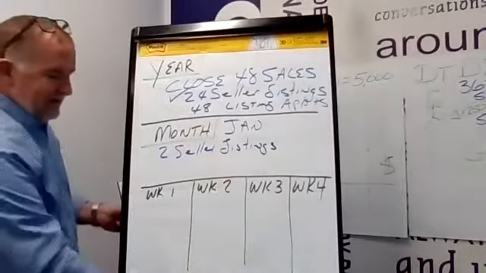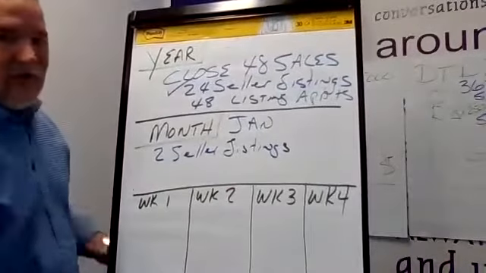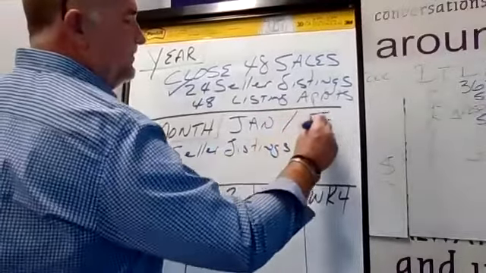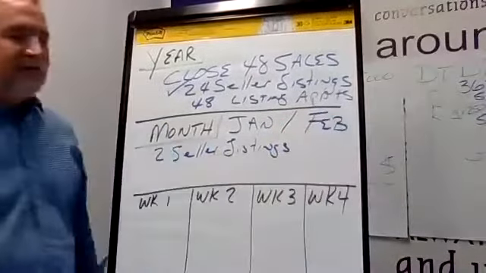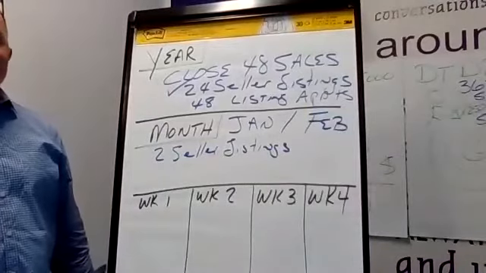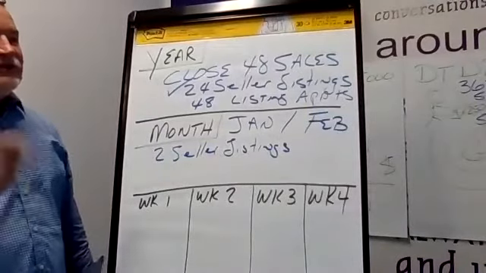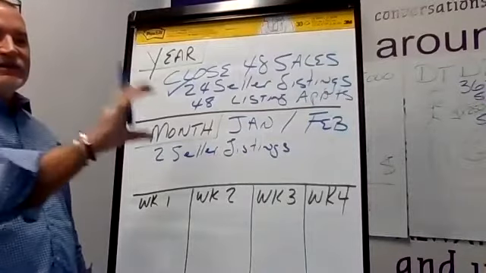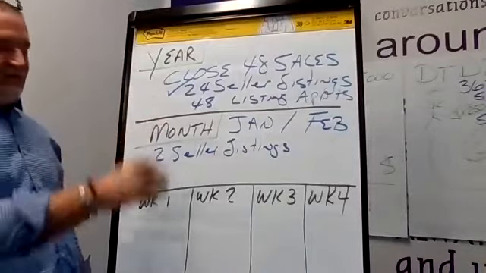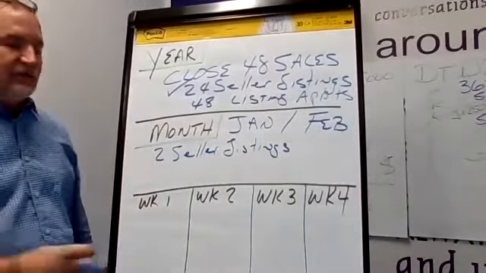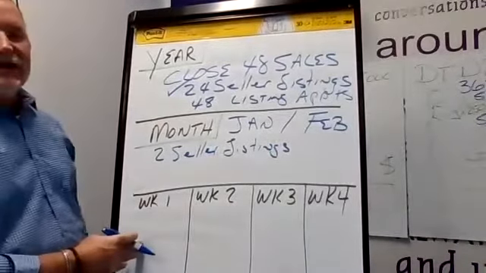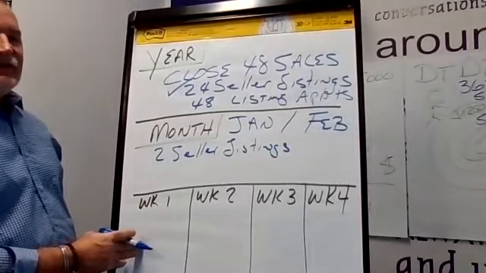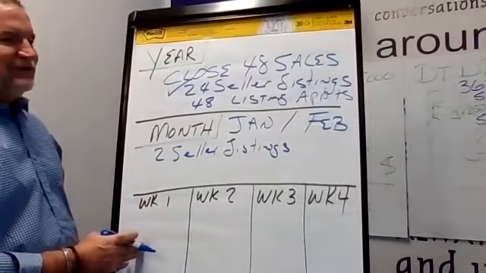Now, if I take 1 seller listing in January, what's the goal for February? 3. You got it. So you're adjusting your goals as you go based on how you did the previous month. And when we get down here, you're adjusting your goals in week 2 based on how you did in week 1. Is this making sense so far? Mm-hmm. You guys let me know if I'm going too fast or too slow, okay?